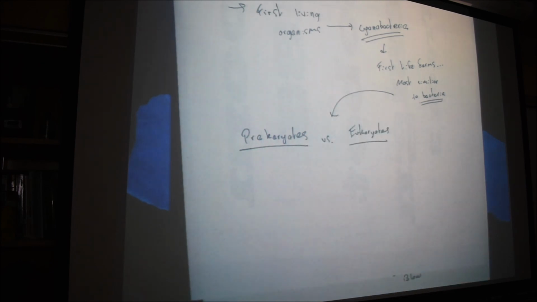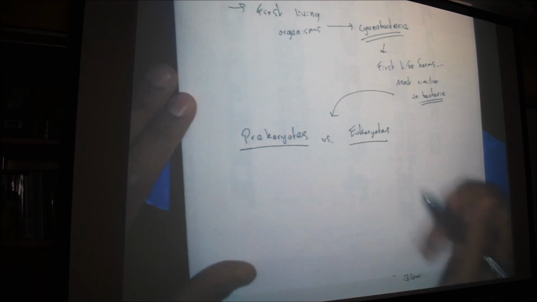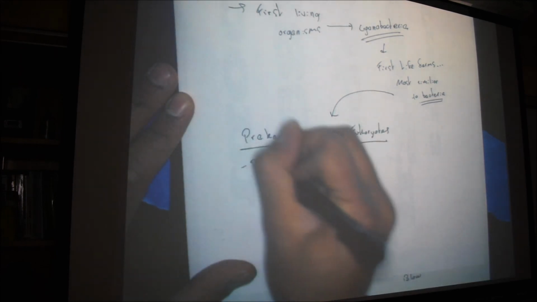I'll take a hand. Yes. There's one key difference. Is it that one has a nucleus and the other one doesn't? Nailed it. Nice. So right here we can see that prokaryotes do not have a nucleus.